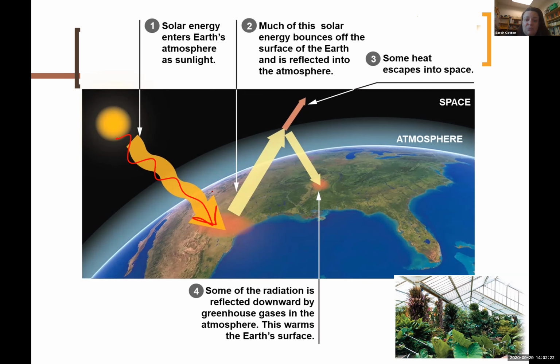And a lot of that is radiated back out, right? Or back up towards the atmosphere. Some of that escapes through the atmosphere. Some of it does not, okay? And so some of it escapes, but a lot of it is just reflected back down. How much is reflected back down depends on the makeup of our atmosphere.